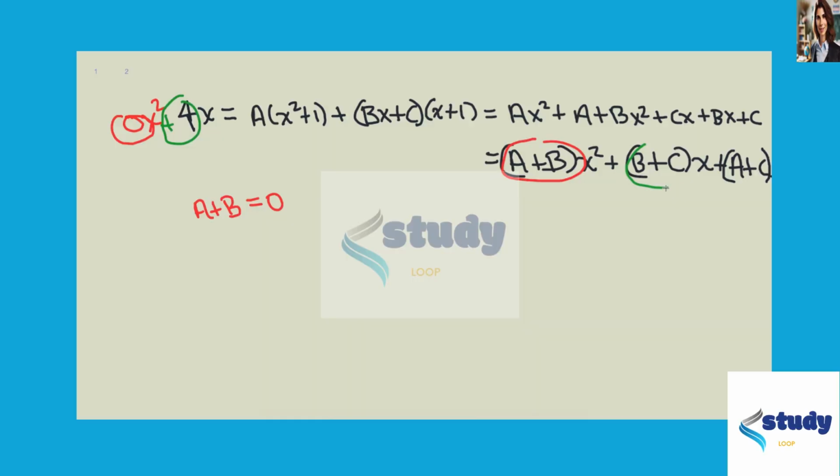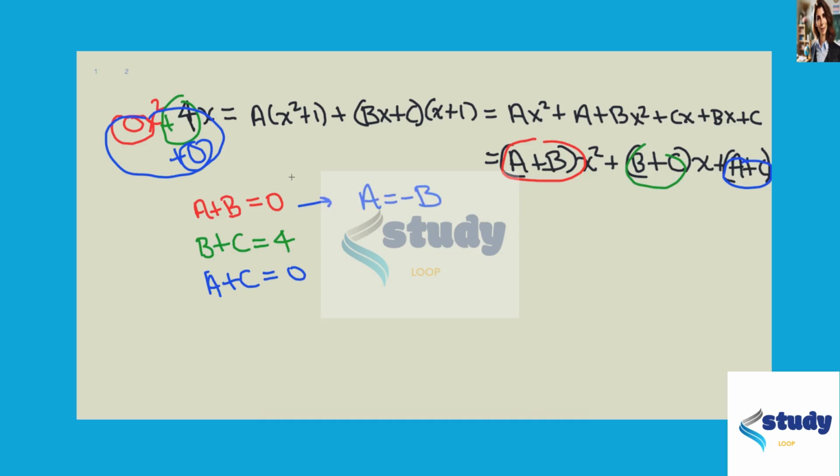On the right, it's B plus C. So we must have B plus C equals 4. And the constant term on the left-hand side is 0. And on the right-hand side, it's A plus C. So we must have A plus C equals 0. So this is a 3 by 3 system. We can go ahead and solve this for A, B, and C.